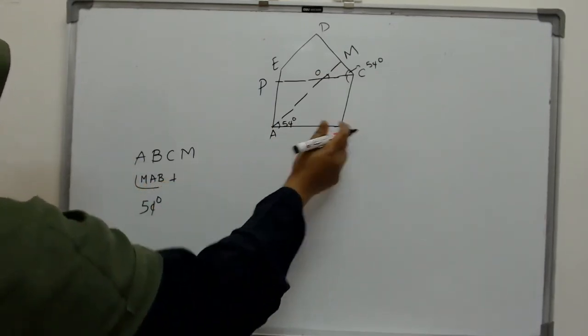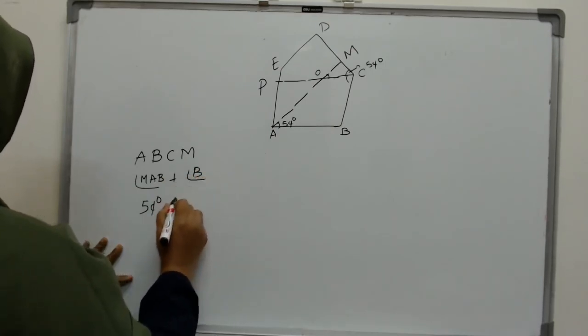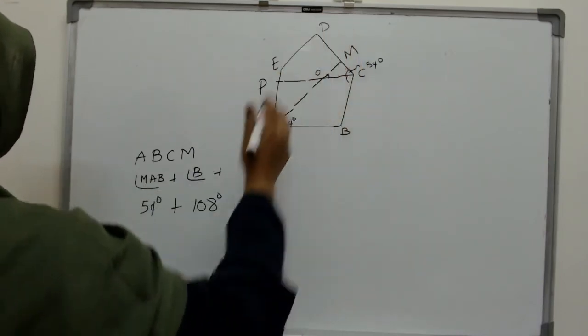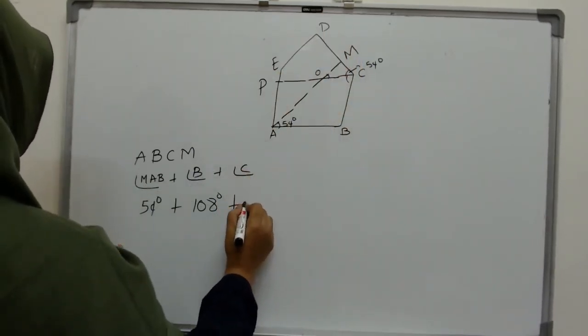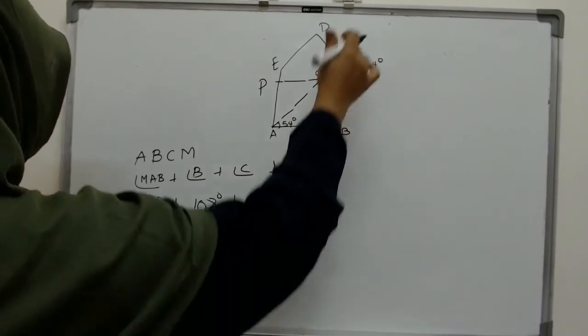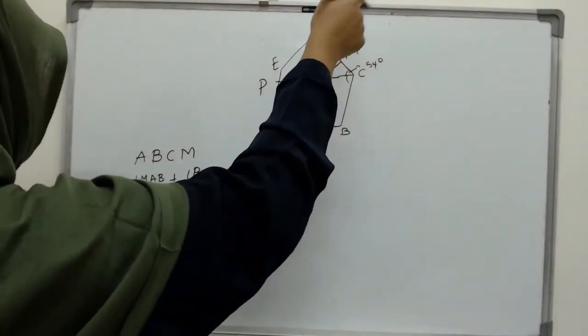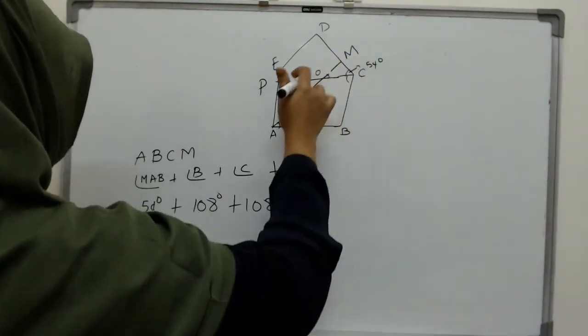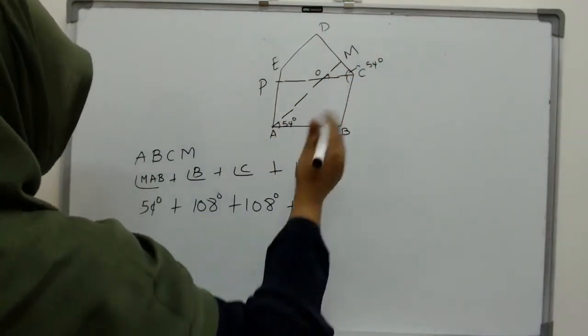What is the second angle? Angle B, which is 108 degrees. And what is the third angle? Angle C, which is again 108 degrees. And what is the fourth angle? The fourth angle is what we want now. It is M. So angle CMO or CMA, whatever.